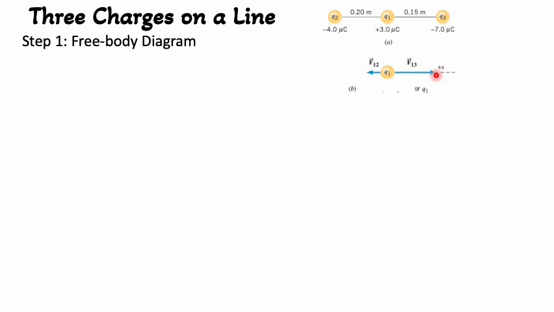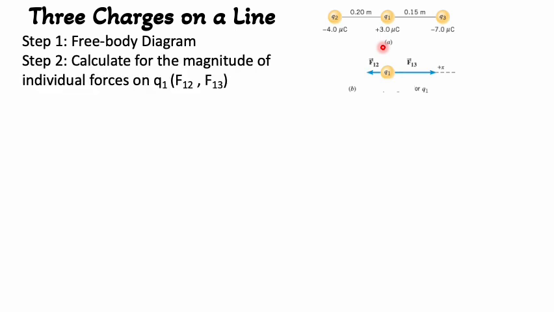As you can see, the magnitudes of the two are different. It is much longer for Q3 because Q3 has a larger charge. So, we can say that the force Q3 gives to Q1 is larger. Later on, we are going to find this out when we calculate the magnitude of the individual forces. That is the next part that we are doing.